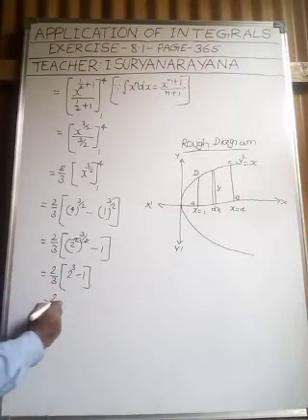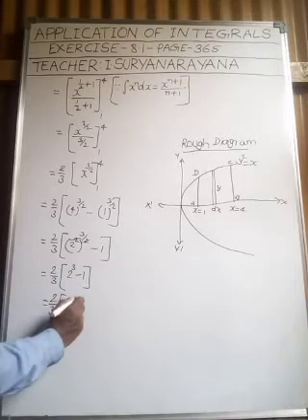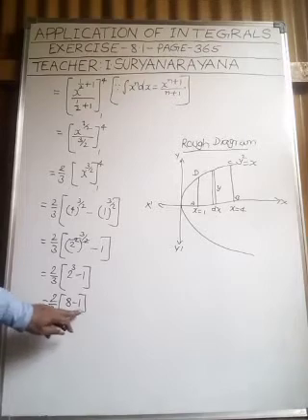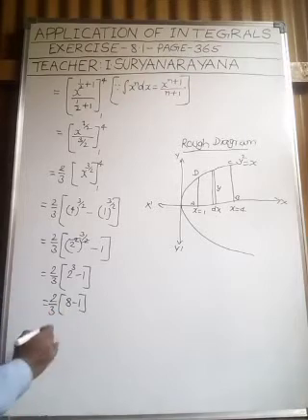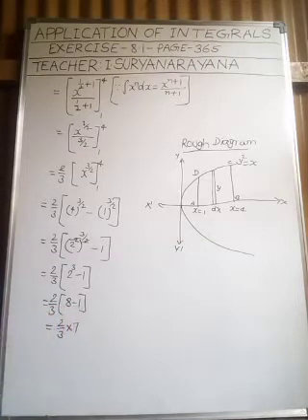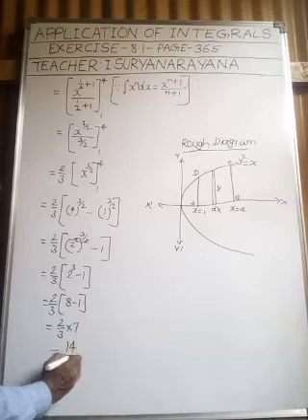2 by 3 into what will we get? 2 cube is 8, minus 1. That is equal to 2 by 3 into 8 minus 1. What is the value of 8 minus 1? 7. That is equal to 2 sevens are 14 by 3.